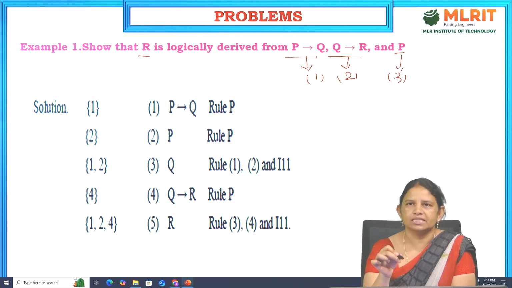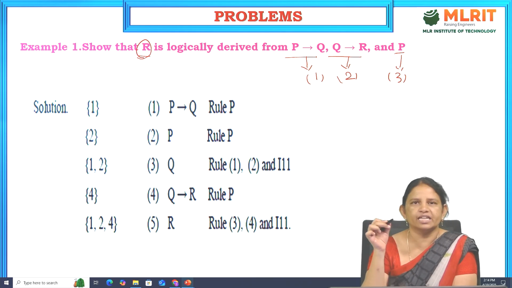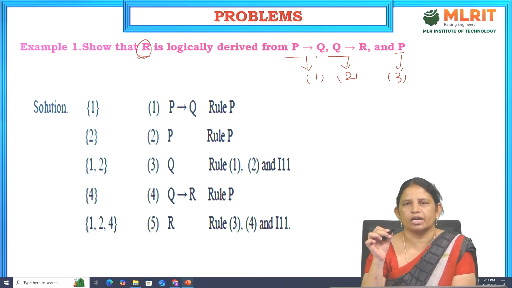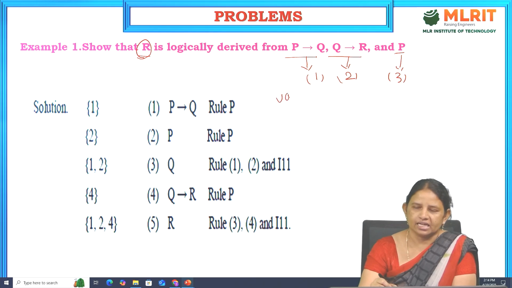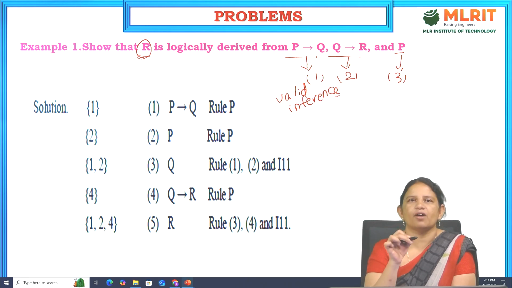If the last step, R, is derived from the set of premises, then it is a valid inference.